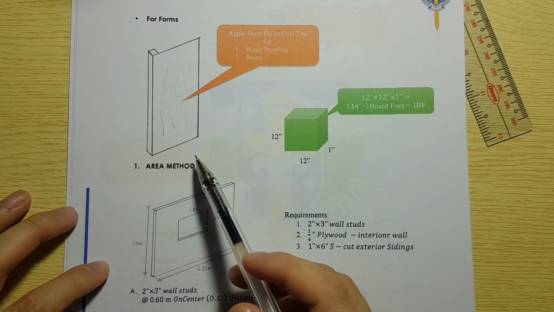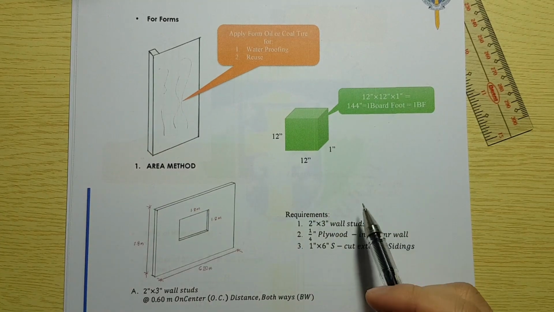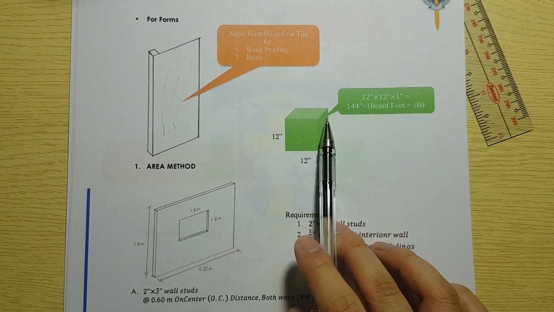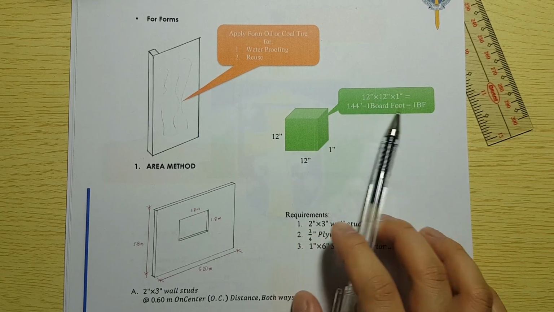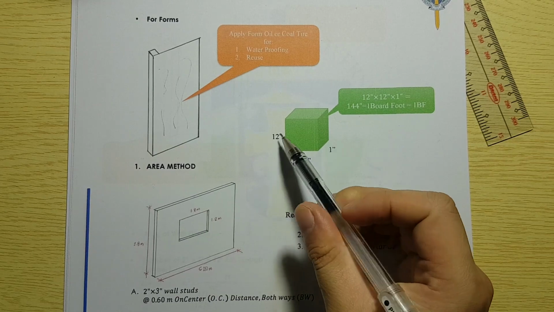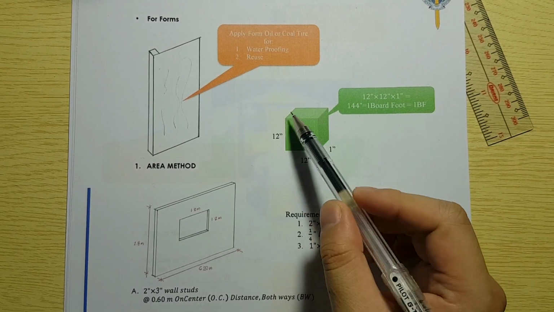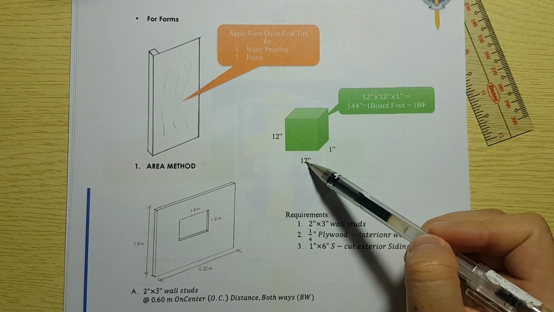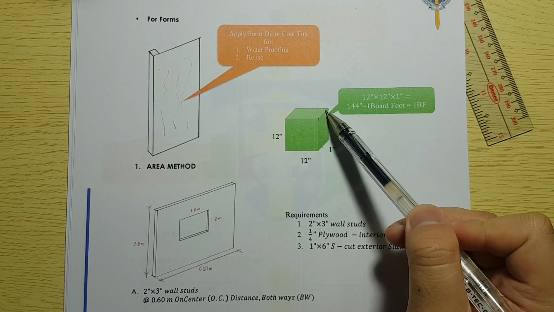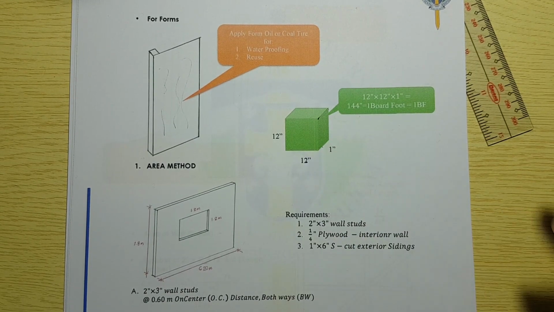Before we proceed with our example, let us first define our unit of measurement. A while ago we said that our unit of measurement is the board foot, but where was it derived from? Imagine we have a 12 by 12 inch square and 1 inch of thickness.